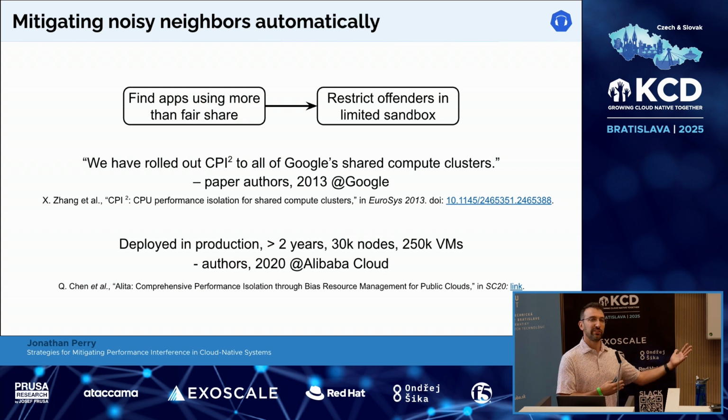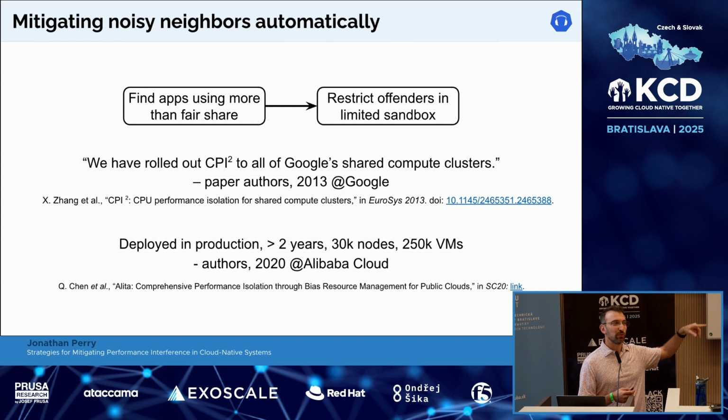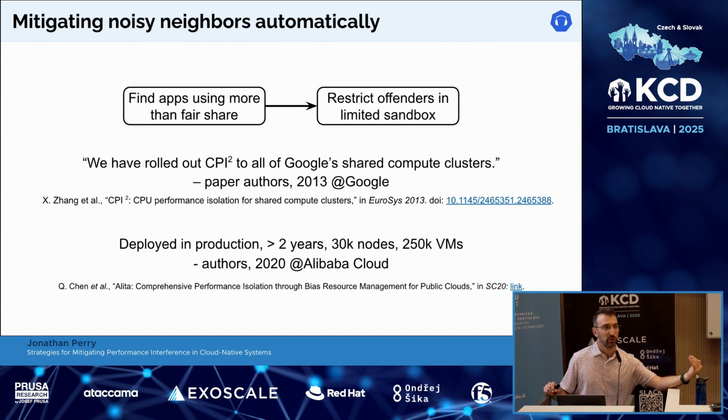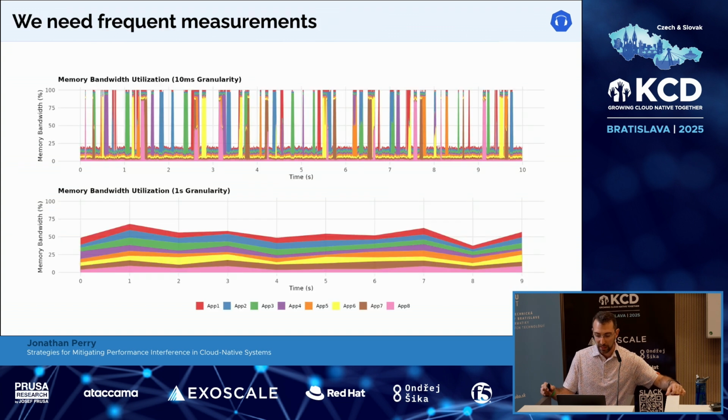So they have it internally in production, using CPI, cycles per instruction, to detect noisy neighbors. And Alibaba Cloud in 2020 published that they have a system running on an order of 1 million cores, running in production for over 2 years as of 2020. So we should do it. People are doing it. We should also get it.